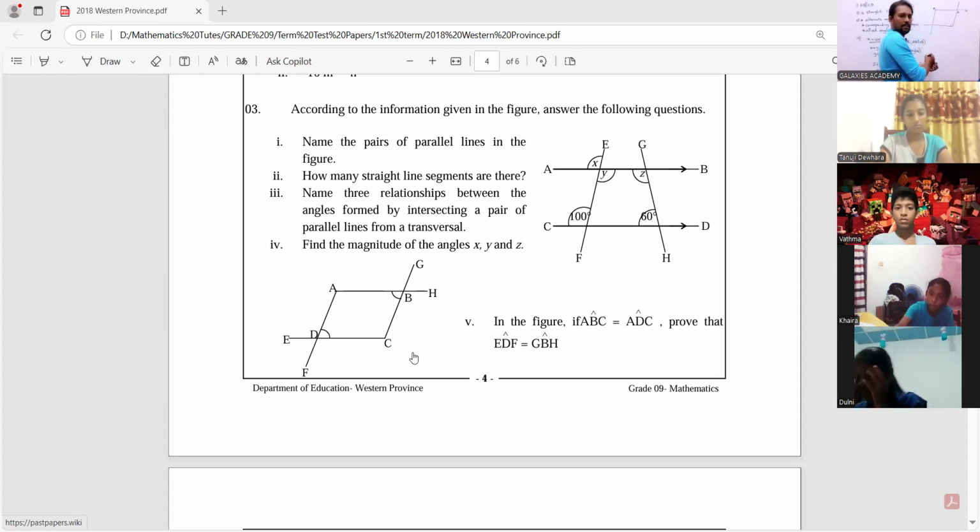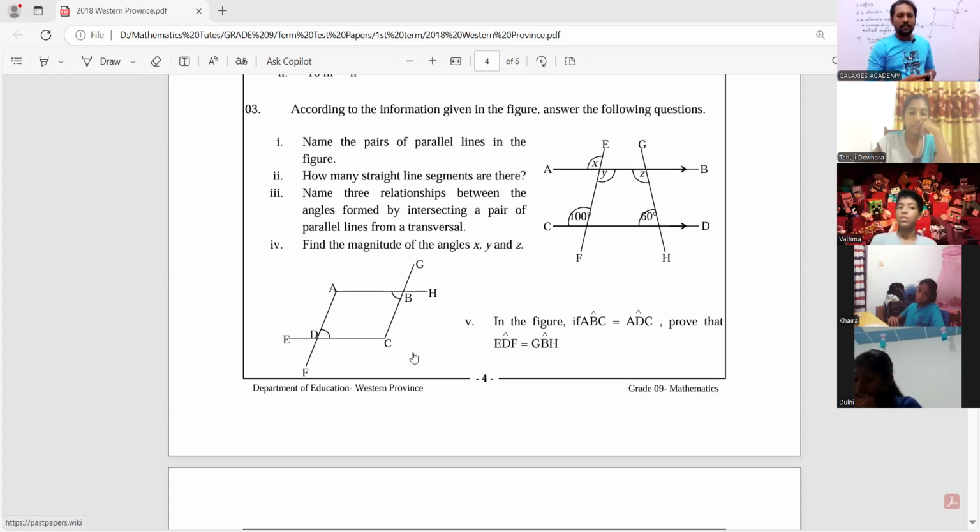Also some letters given, and also two angles marked like this.